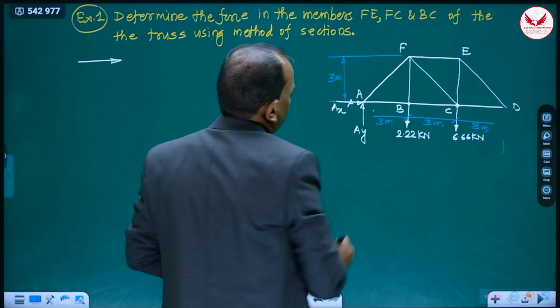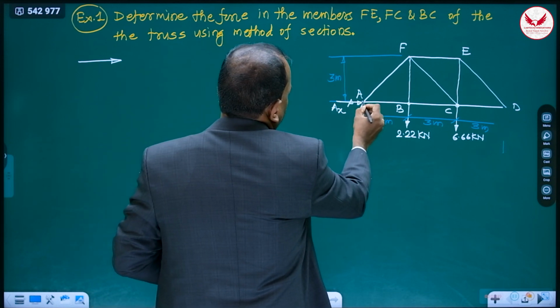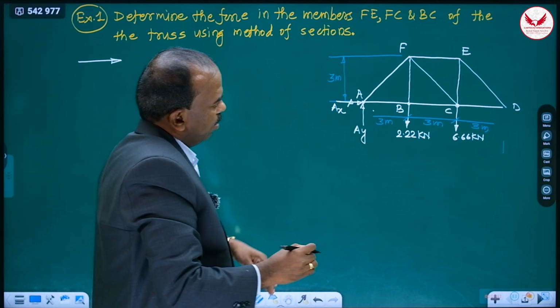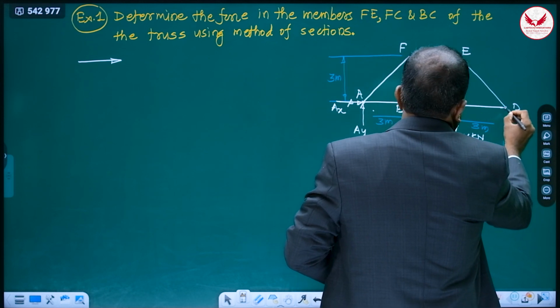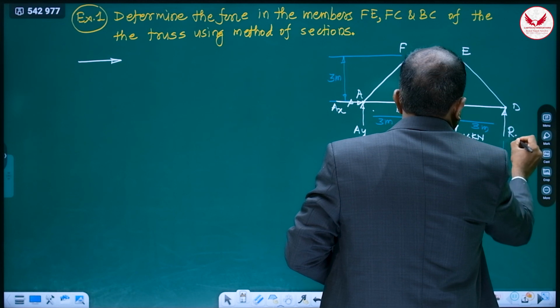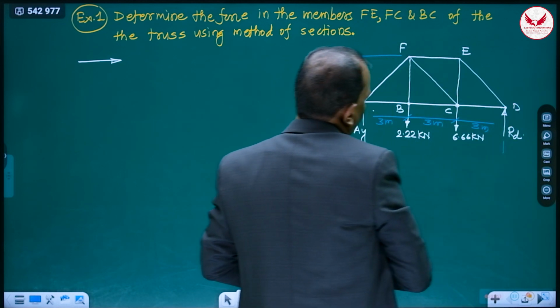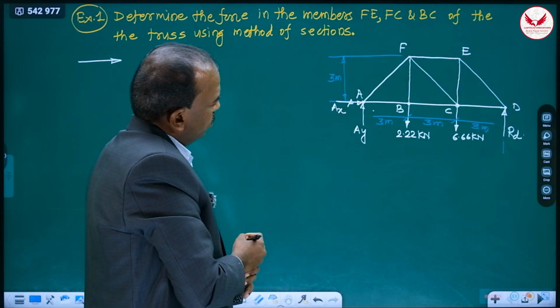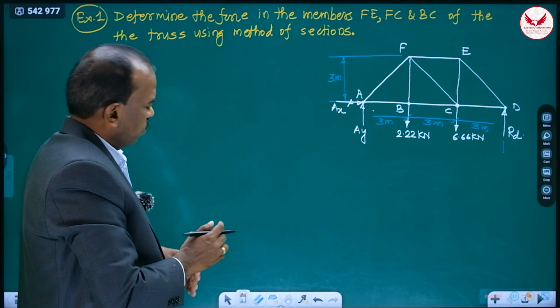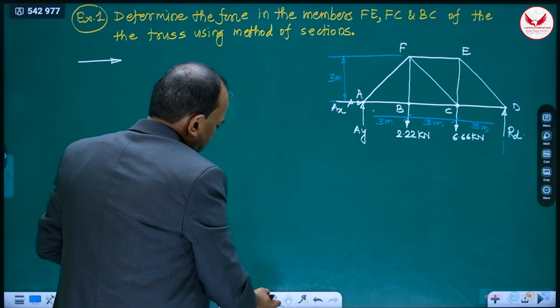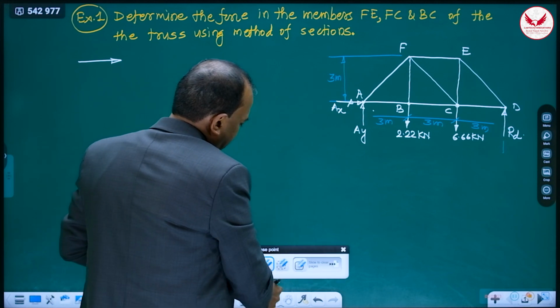Means I have replaced the support at A by 2 reaction components, and at D by a single reaction RD, because roller support was there at D. So this is the very first step of the solution of the truss by section method.